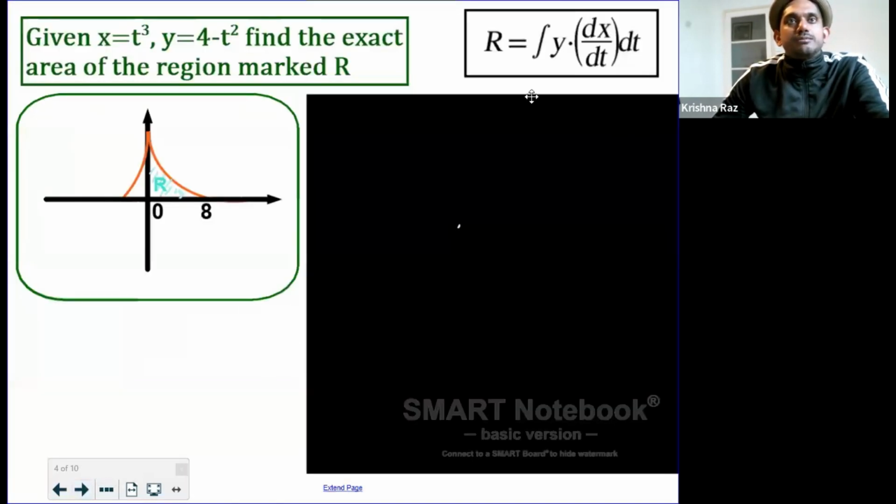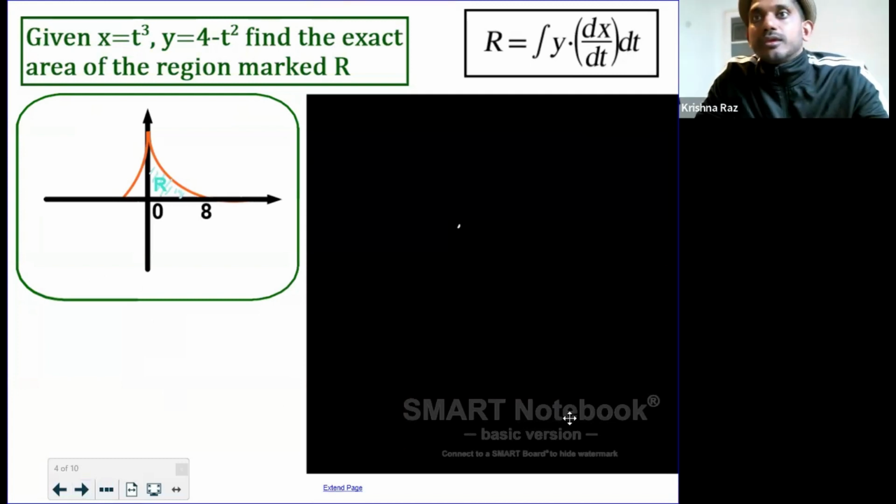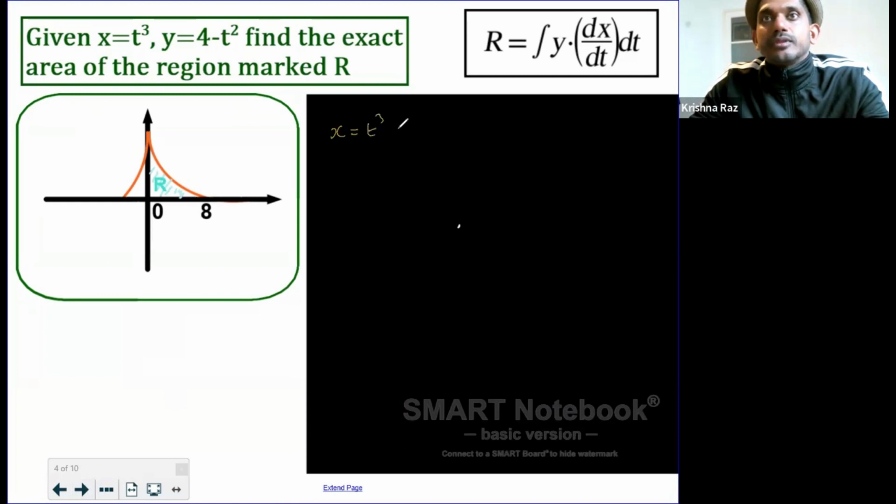So worked example number 1, we have the function x equals t cubed and y equals 4 minus t squared. The first thing to do is figure out dx by dt. So dx by dt would be 3t squared.